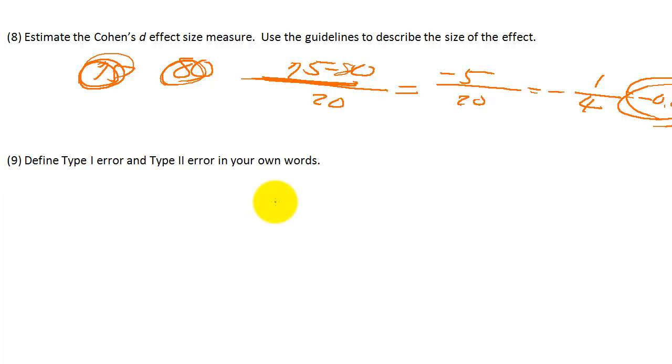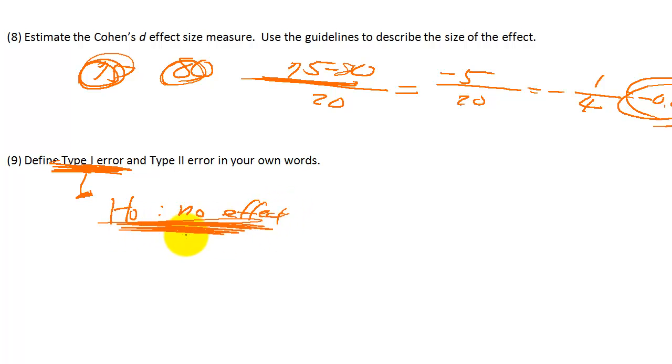Define type 1 error and type 2 error in your own words. I think I did already. Type 1 error: the null hypothesis is no effect, which is actually a conservative decision. There's no effect, so you're not going to do anything about it. But you rejected it, when it was actually true. That's the type 1 error.